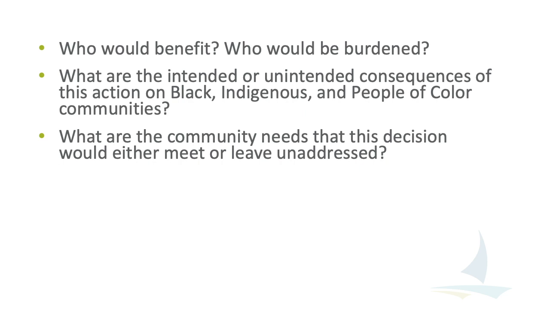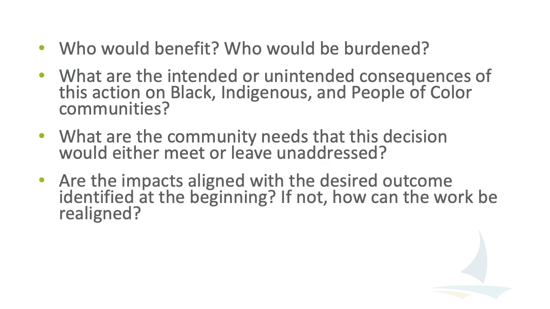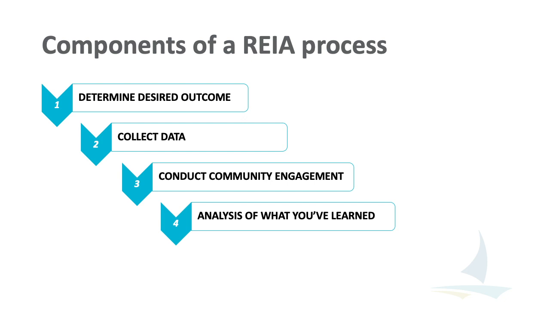What are the community needs that this decision would either meet or leave unaddressed? What are the impacts aligned with the desired outcome identified in the beginning? If or if not, how can this work realign? Be sure to include people from diverse perspectives and backgrounds during the analysis, for this will provide robust results.